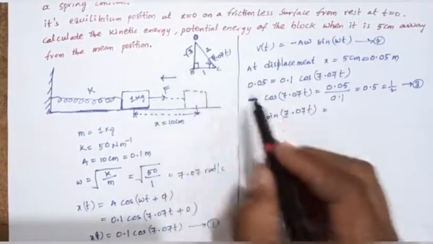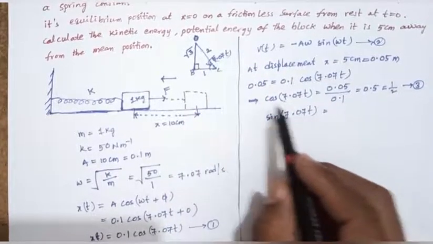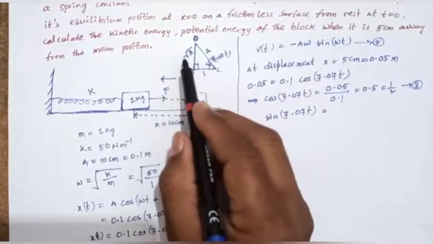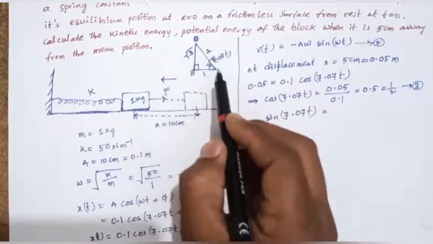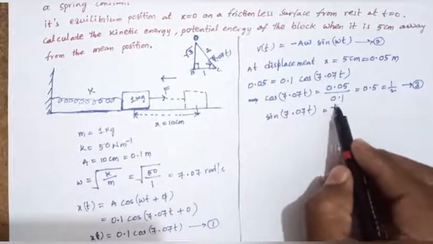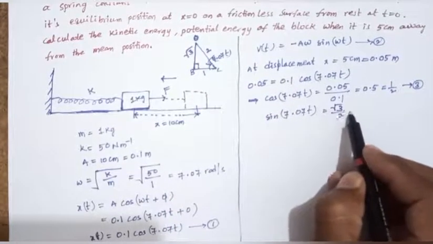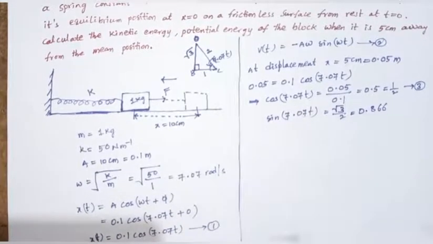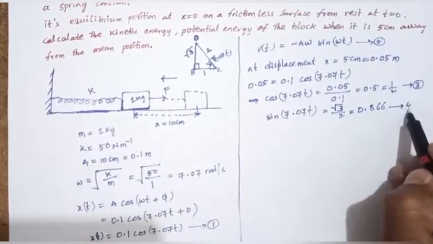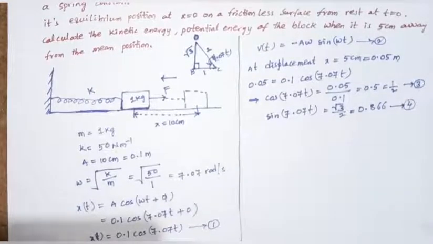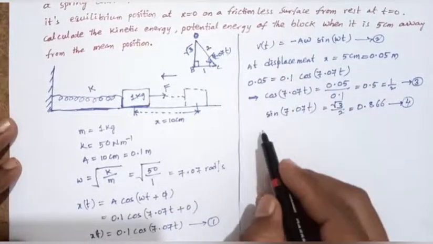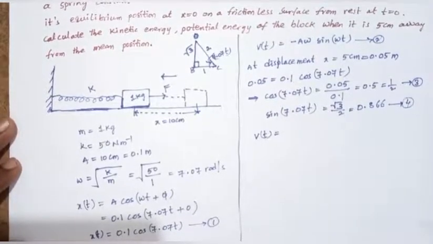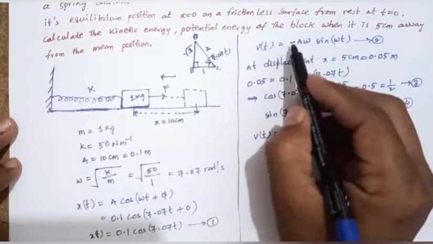Then sin 7.07t equals opposite side by hypotenuse, that is root 3 by 2, which equals 0.866. So this is equation number 4. Now we can substitute the magnitude of the velocity.